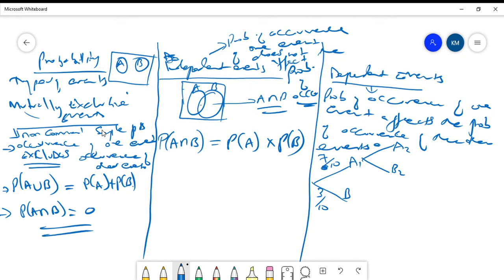So for us to be able to understand dependent events, you have to think of what we call conditional probability. That is the probability of an event A given that an event B has already occurred. This means A given B. And the probability of A given B would be given by the intersection.